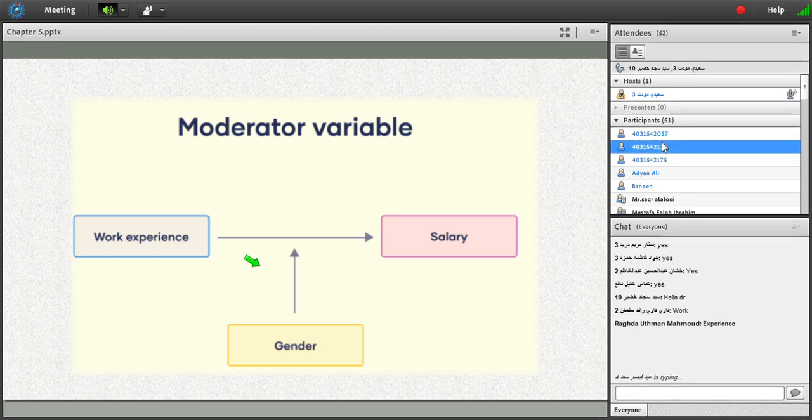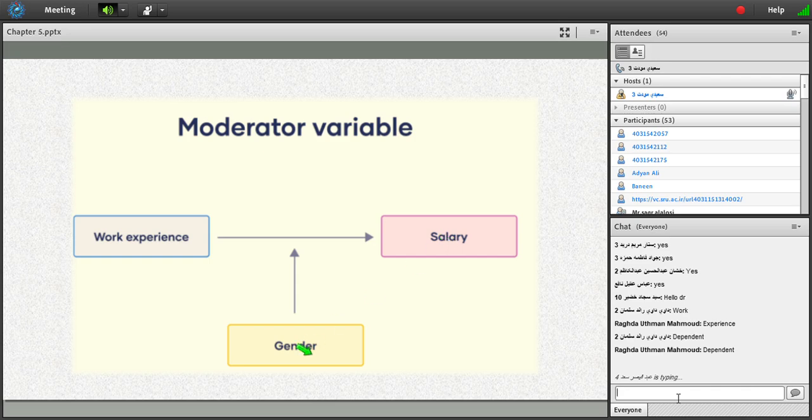Thank you. So, as you see in the example we have in this slide, the work experience is the independent variable. I want to see the influence of work experience on the salary. So salary is called what here? What variable is salary? Dependent, exactly.